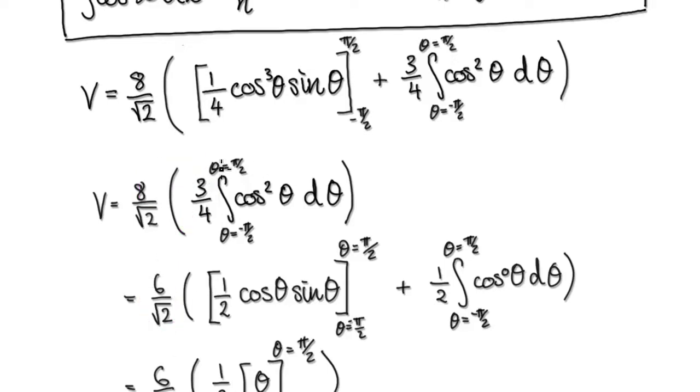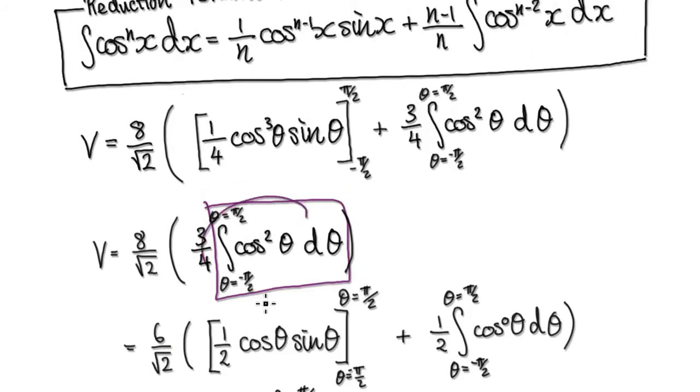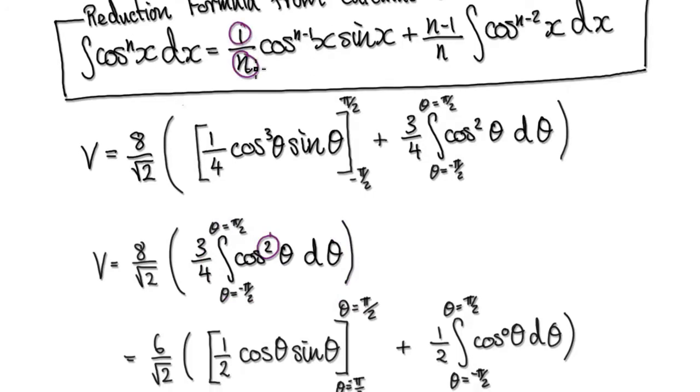And then apply the reduction formula again on this. You can use whichever method you want, but for me, I'm going to use the reduction formula again. Using this reduction formula, n is 2, so it would be 1 over 2. And then n is 2, so 2 take away 1 will be 1, and then you've got your sine, and then 2 take away 1 would be 1.